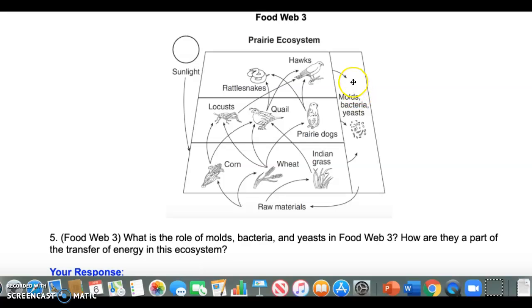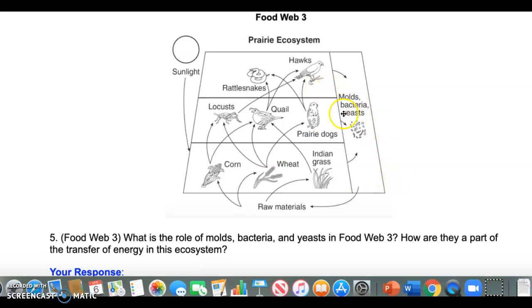But I know that molds, bacteria, and yeast, that sounds familiar. It's not like one of these primary consumers, secondary consumers, or tertiary consumers that I know, right? So I'm going to have to go back to my notes, see what kind of role that mold, bacteria, and yeast play. And then in that definition, it probably says something about how they transfer energy in the ecosystem, right?